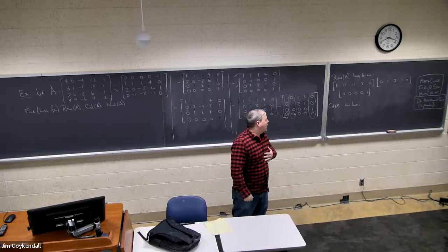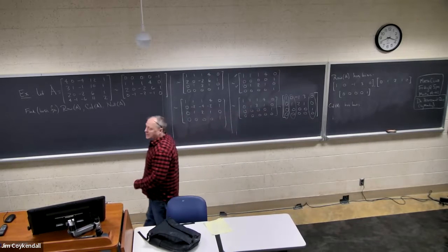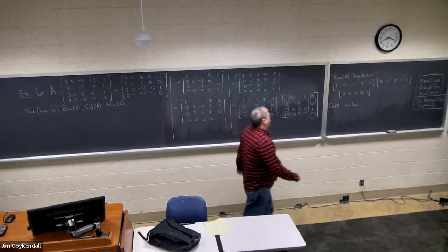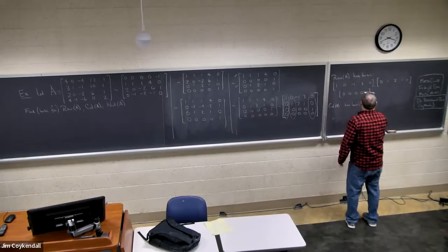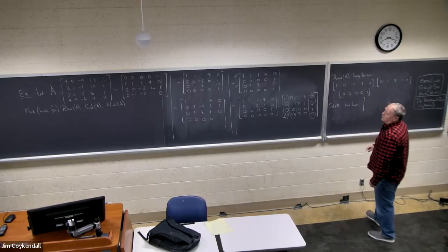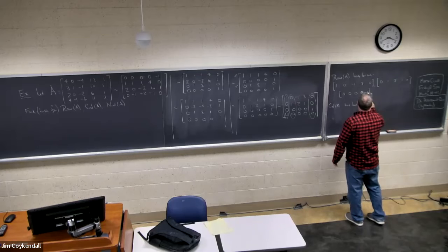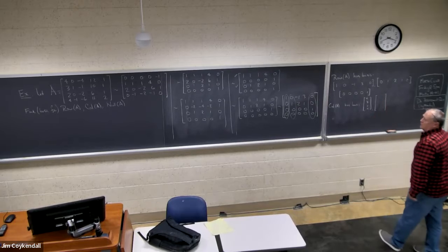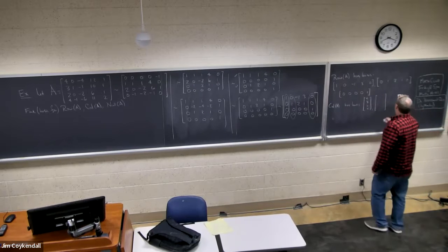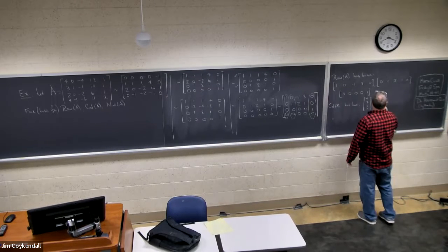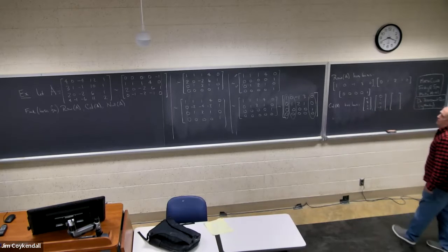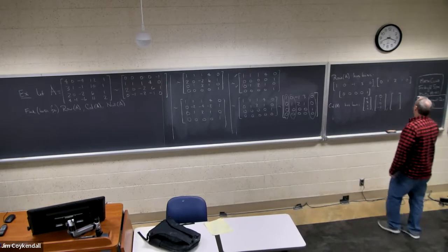So we have to go back to the original one. Column 1 in the original matrix is 4, 3, 2, 4. Column 2 in the original matrix is 0, 1, 0, -1. And the fifth column in the original matrix is 1, 1, 1, 2.